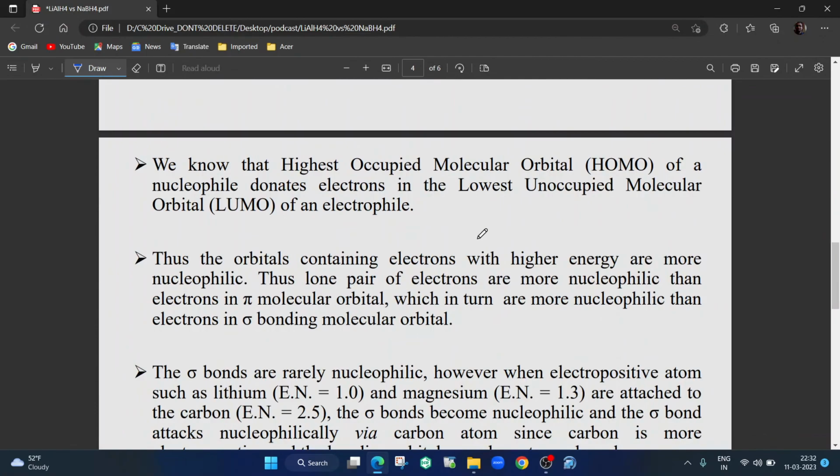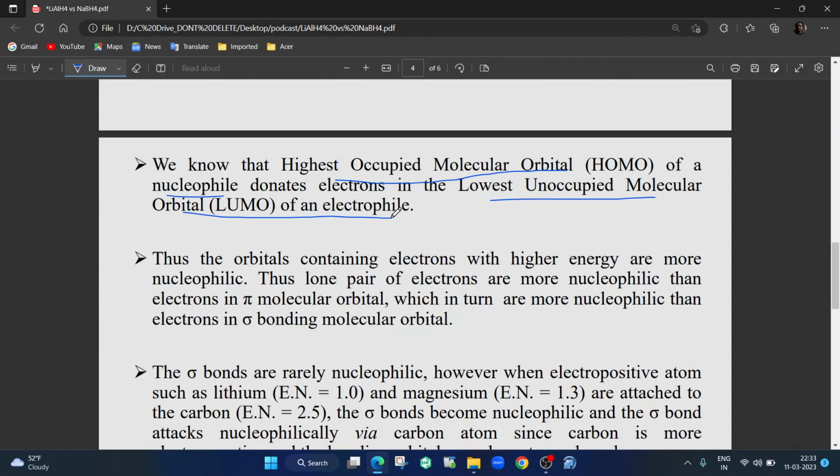Now we know for any nucleophilic attack, the nucleophile's HOMO, the highest occupied molecular orbital, goes and attacks the lowest unoccupied molecular orbital of the electrophile. So the nucleophile needs the highest energy, and the electrophile orbital which accepts should have the lowest energy.